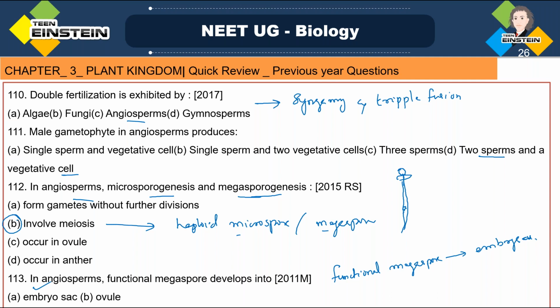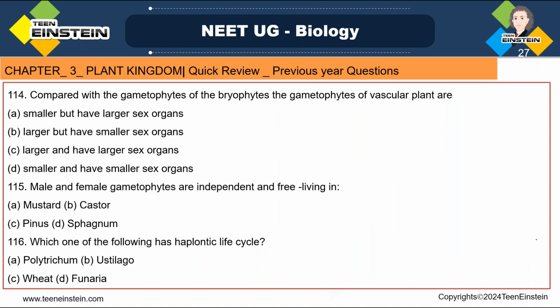Okay. Next is, compared with gametophytes of bryophytes, the gametophytes of vascular plants are: option A, smaller but have larger sex organs; larger but have smaller sex organs; larger and have larger sex organs; smaller and have smaller sex organs. Which is correct?